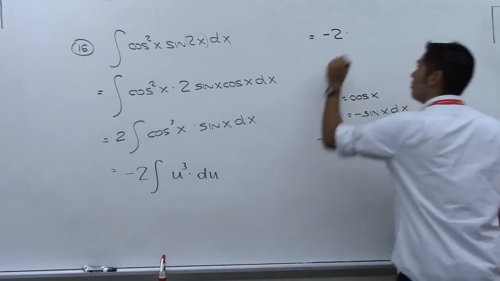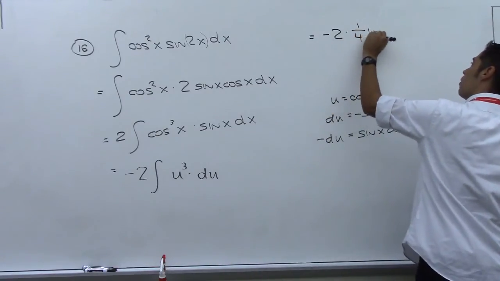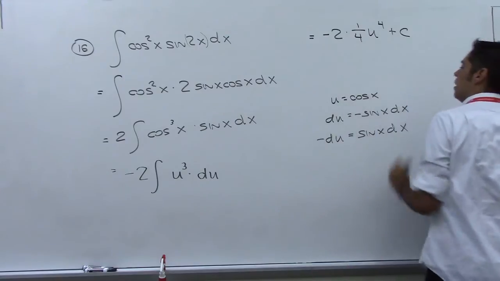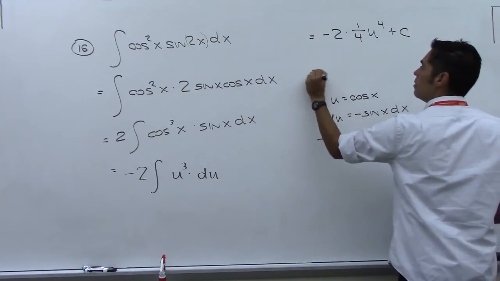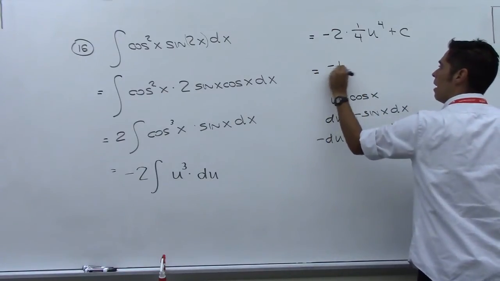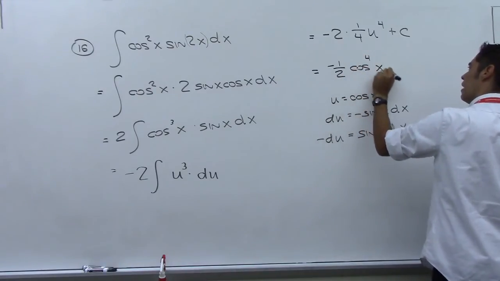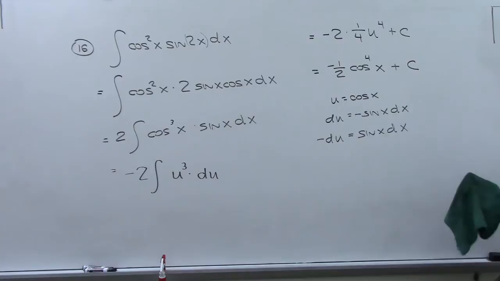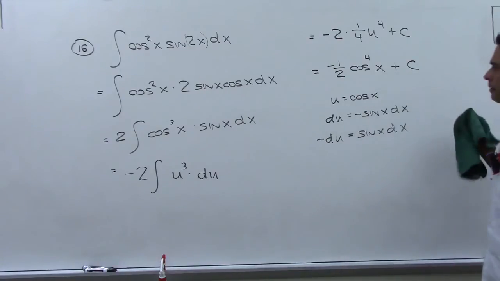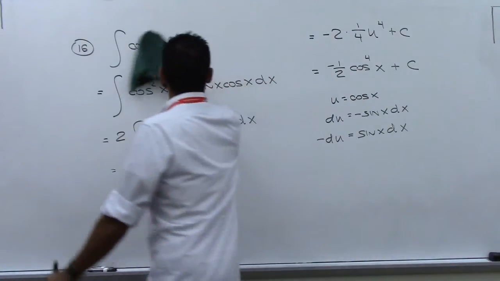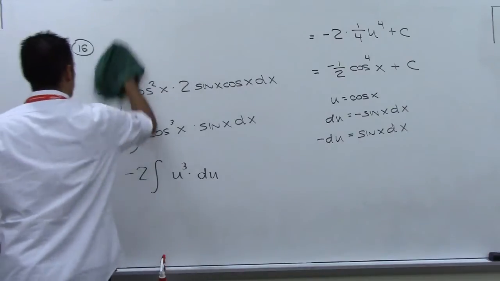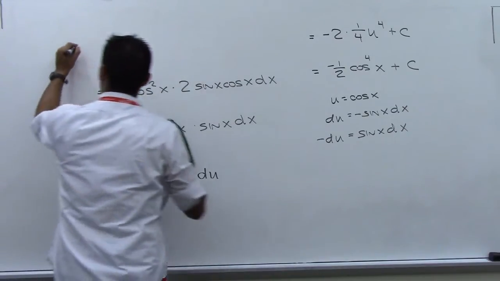Antiderivative of u cubed is 1/4 u to the 4th plus a constant, and remember u is cosine. So put these together, negative 1/2 cosine to the 4th x plus c. That's it. This is your answer right here. 17.